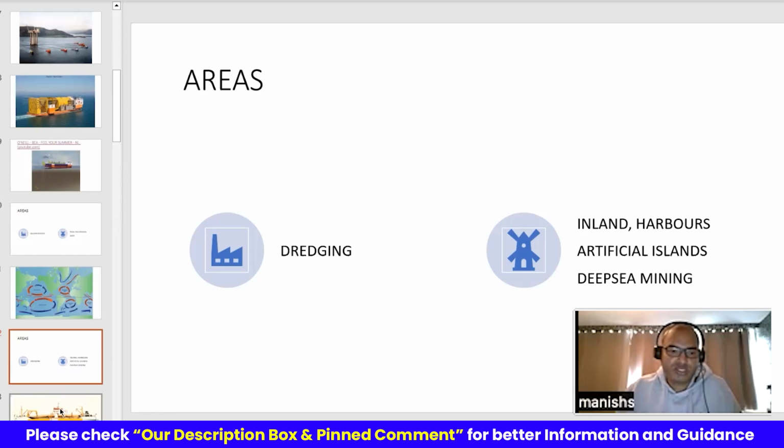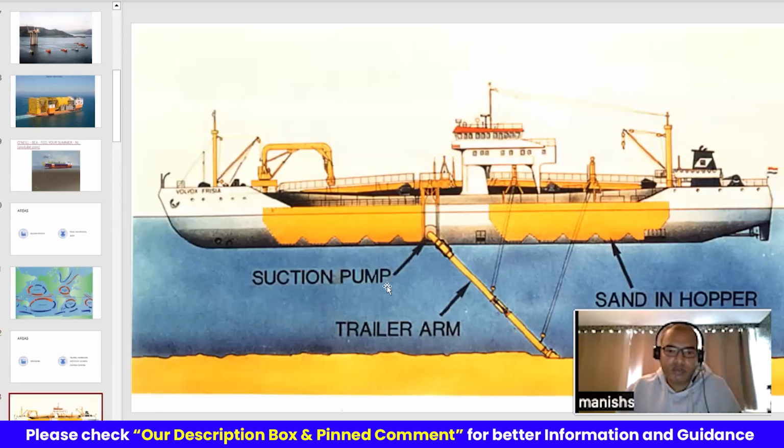I will first show you one of the pictures of a dredger. This is one old dredger, a very old design. You see that this ship has something connected like a vacuum cleaner, which is being supported at 1, 2, and 3 points.